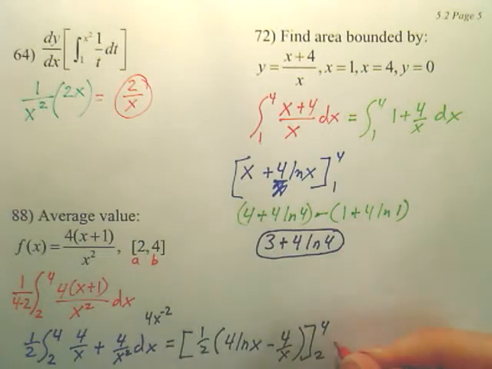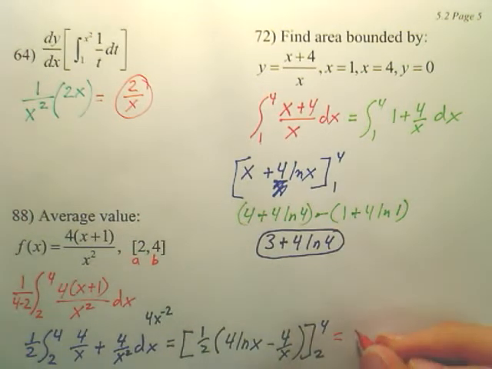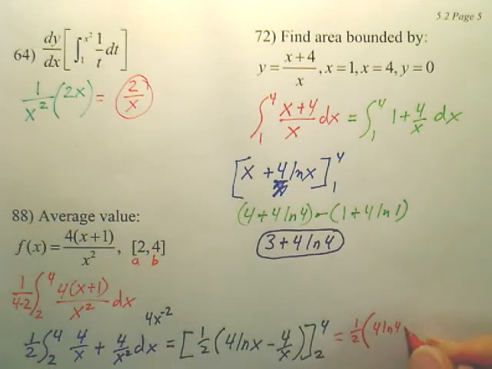And then plugging all those values in, looks like we're going to have 1/2 times 4 ln 4 minus 4 over 4, minus 4 ln 2 minus 4 over 2.